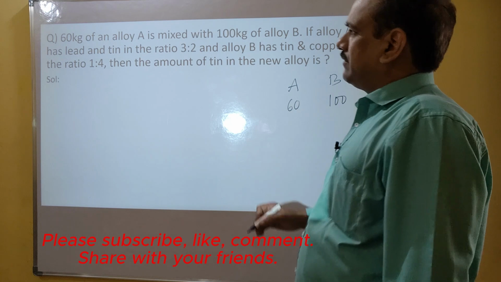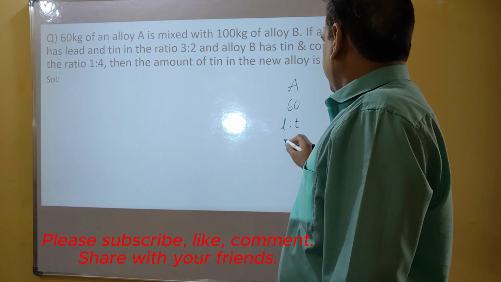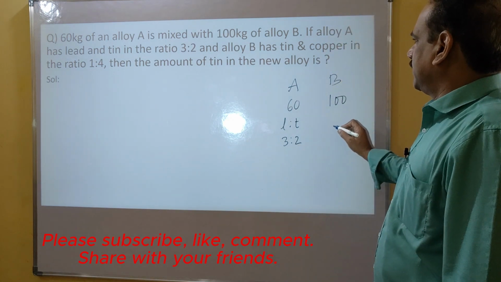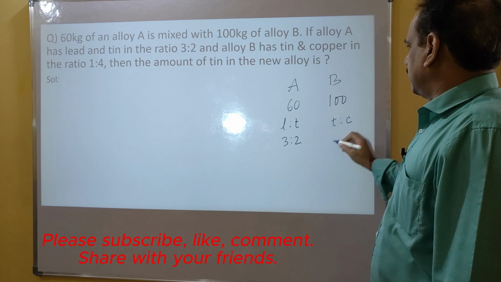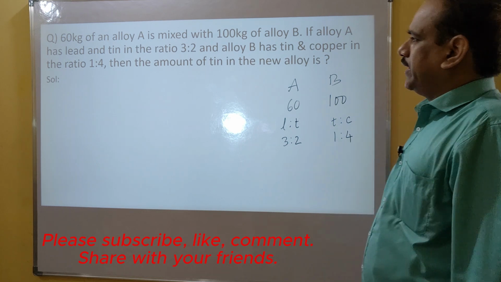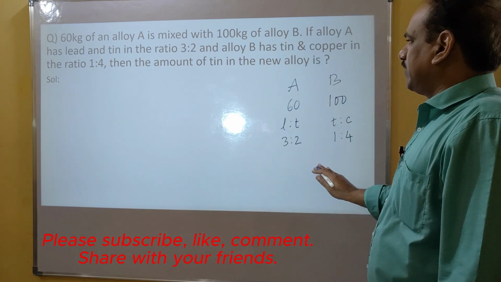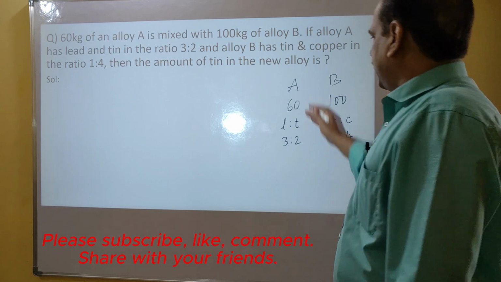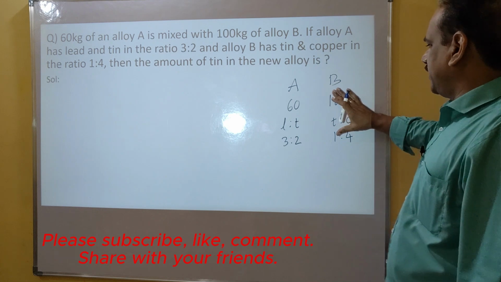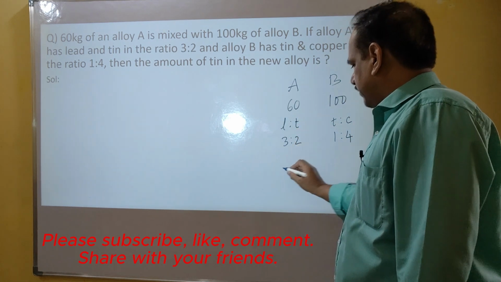If alloy A has lead and tin in the ratio 3:2, and alloy B has tin and copper in the ratio 1:4, then what is the amount of tin in the new alloy after mixing A and B? So that is nothing but the amount of tin in alloy A plus the amount of tin in alloy B. What is the amount of tin in alloy A? 2 shares out of 5.